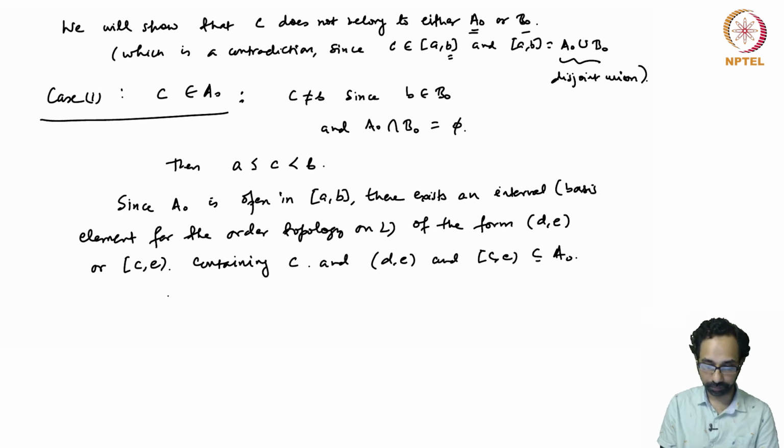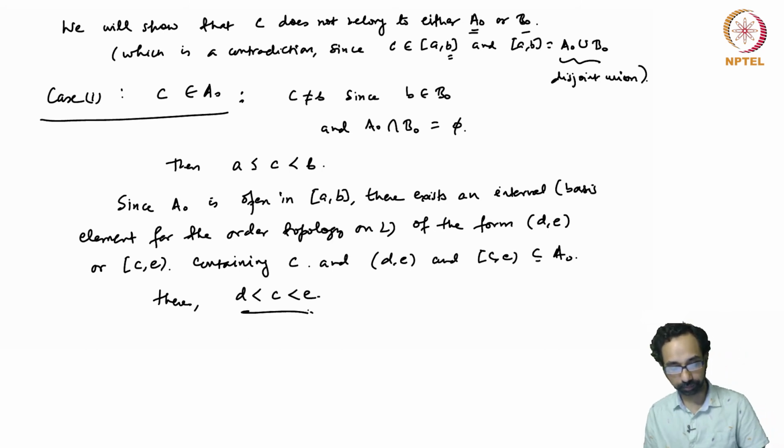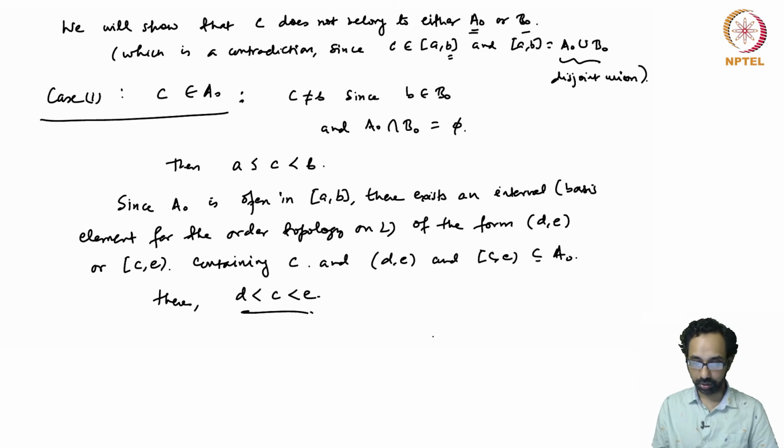So here note that we have D less than C less than E. We have this basis element because of the openness condition: the basis element containing C, which is contained inside A0.